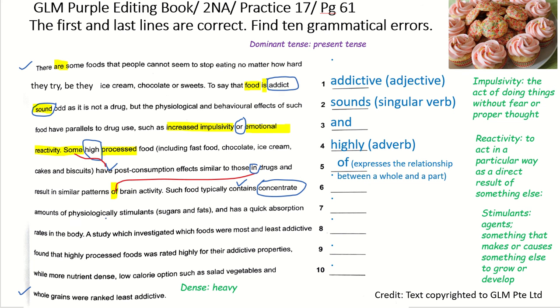Physiologically. Hey, really sounds weird. We're trying to describe stimulants here, so it should be just physiological. Okay, first one contains concentrated. So that is the adjective form of the word.